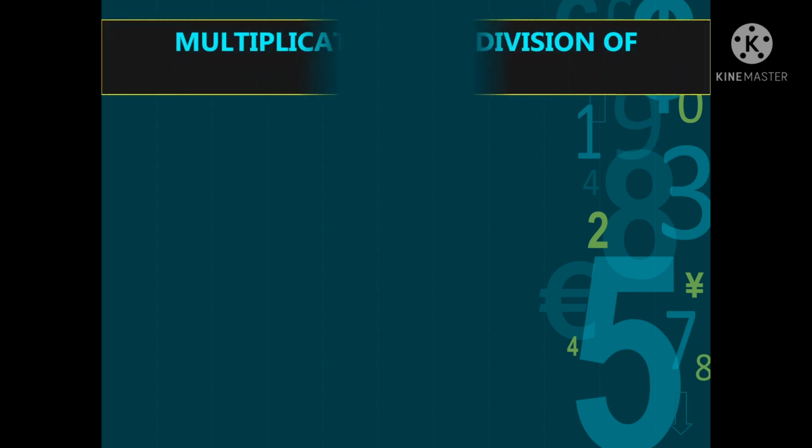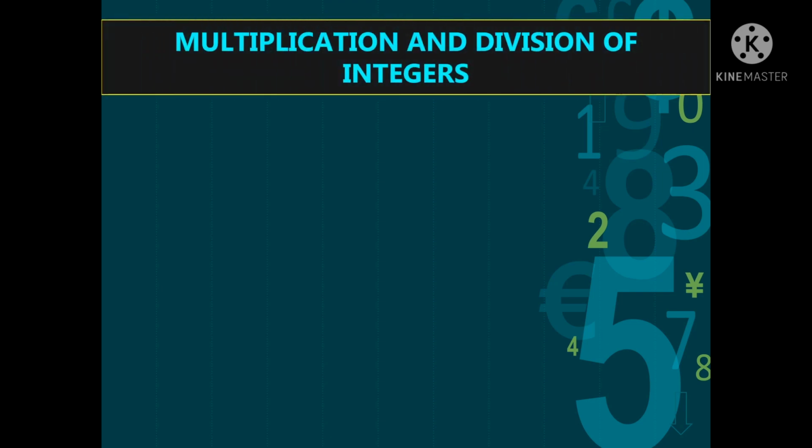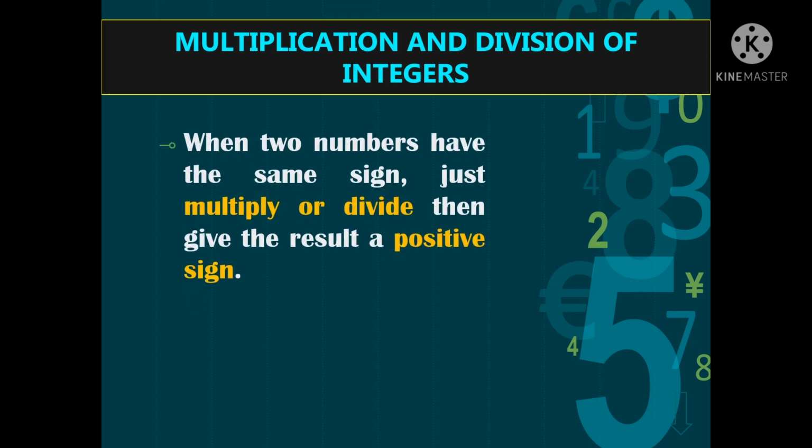Let us now proceed to the multiplication and division of integers. For case 1, this is the rule. When two numbers have the same sign, just multiply or divide, then give the result a positive sign. Let's have first an example for multiplication.